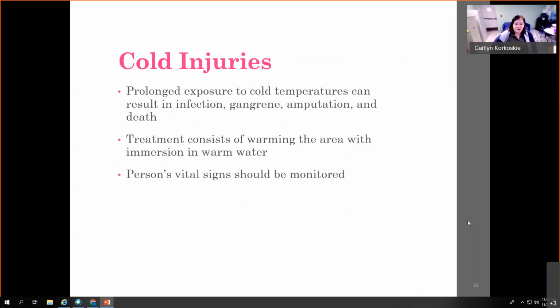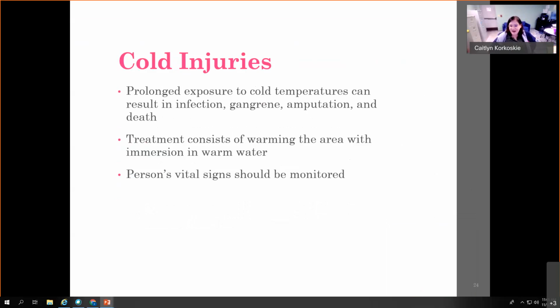Some cold injuries: this would be someone who was exposed to cold temperatures for a prolonged period of time, which would be frostbite. Not something you'll commonly see, particularly in our area, but fingertips are the most common area where someone develops frostbite.